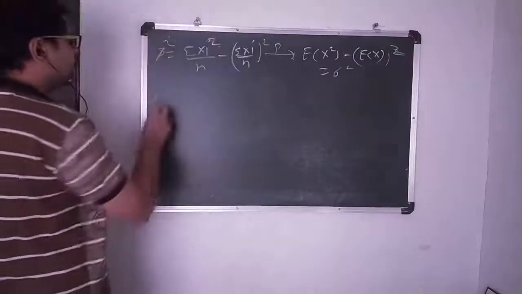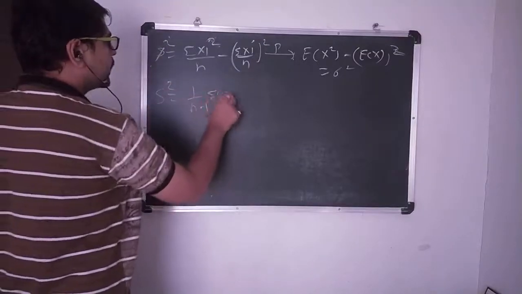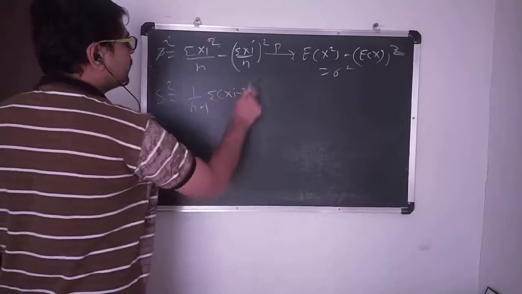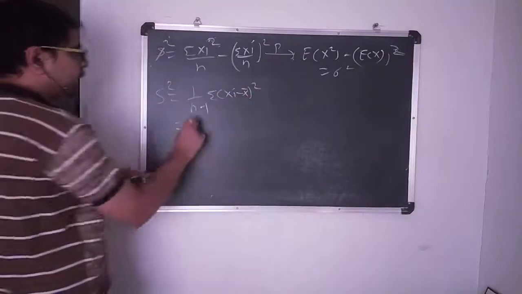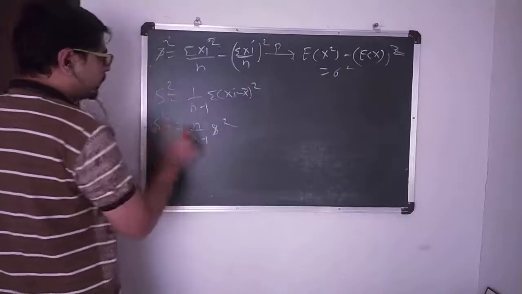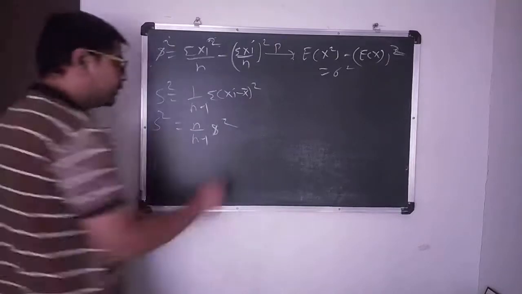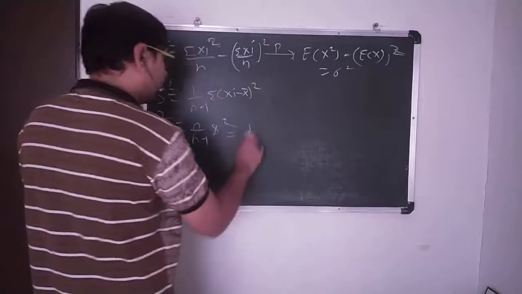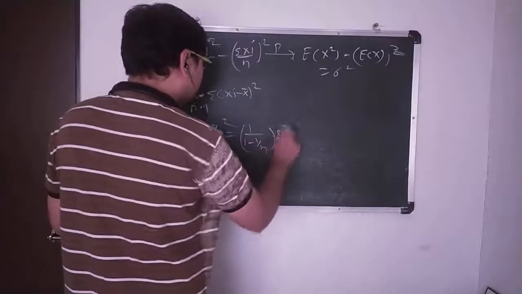Now capital S square is 1 upon n minus 1 into summation of xi minus x bar square. So this is n upon n minus 1 into small s square. This can be written as 1 upon 1 minus 1 upon n into small s square.